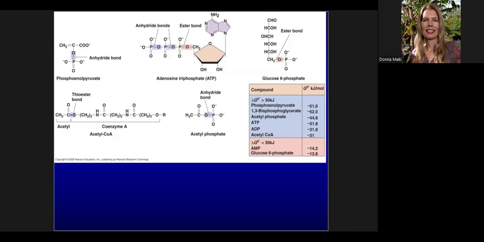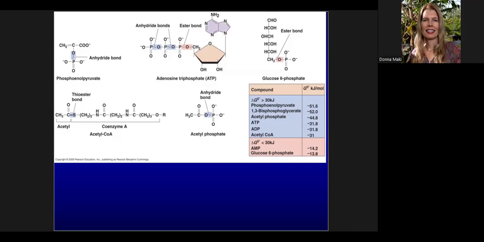But there are some others. This little table here gives some other options. It's not a complete table, but it does show you some options. The little anhydride bond, that little squiggle they always put between the O and the phosphate, when you break that bond, it does release some nice energy. That's why ATP works. You need to have a lot of ATP made through the day so you can use it for things.